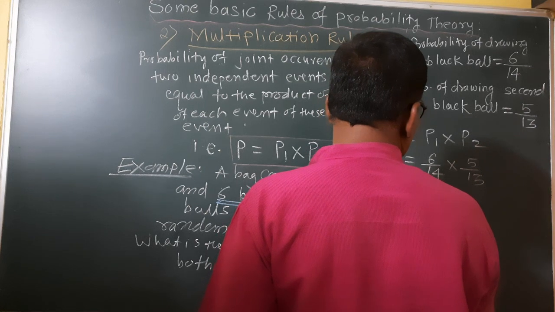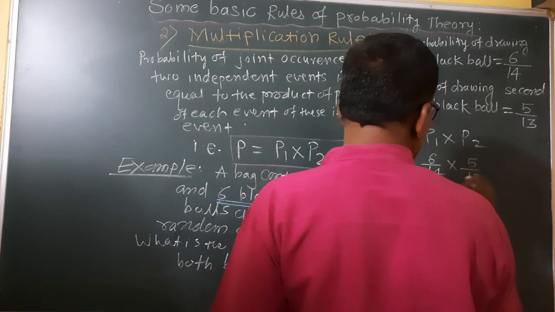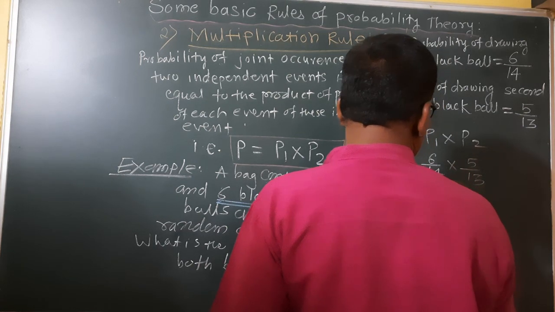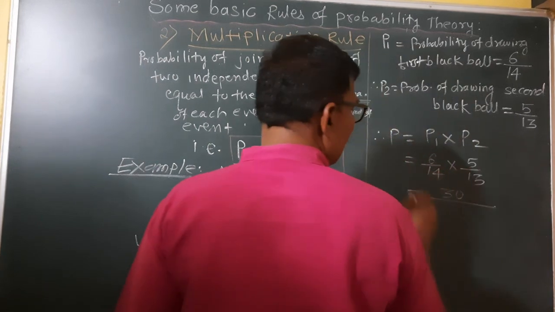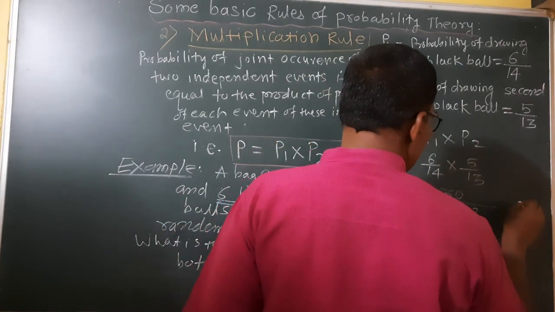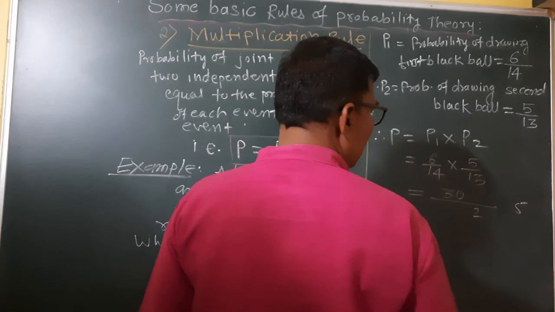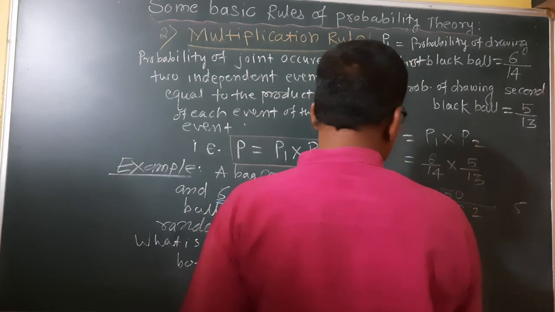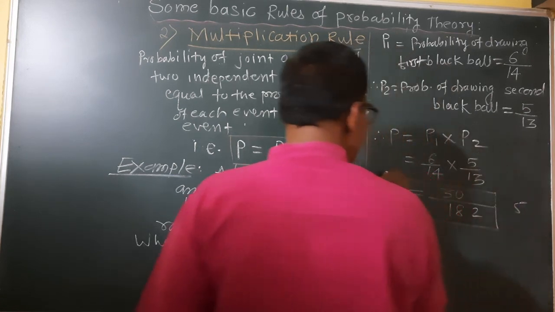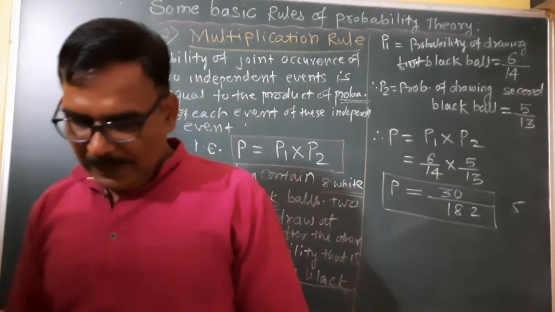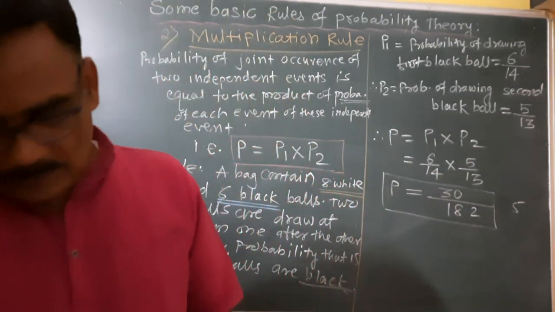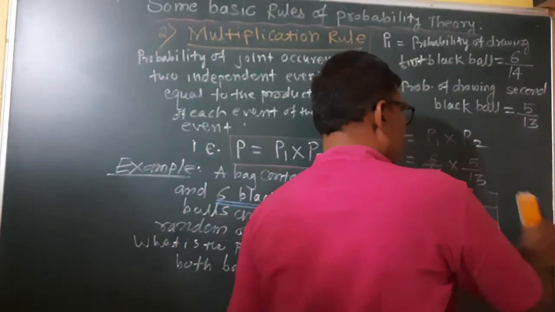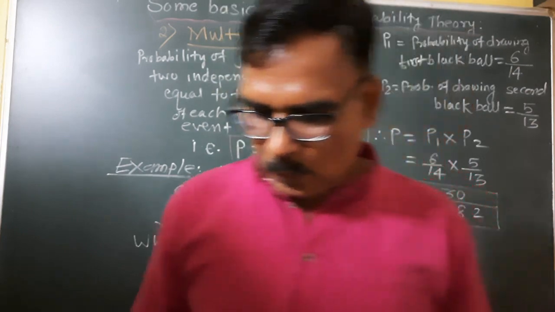Finally, 6 5s are 30, 13 4s are 52, 13 1s are 13, and 13 plus 52 is 182. The answer is P equals 30 upon 182.